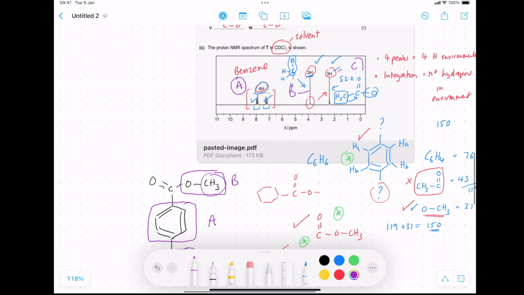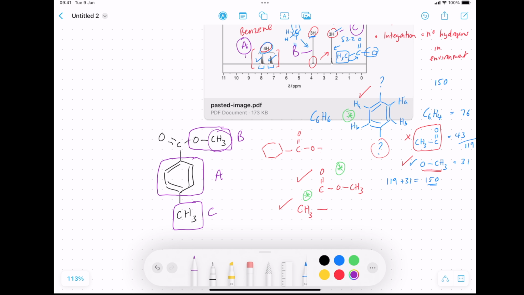which means that one there is C. Now remember, A is actually composed of two peaks within the 7 to 8 part because there are two environments. So A is made up of those hydrogens there, which I said was A, and I said B and B. But what I've done is I've just grouped those two individual environments as just one benzene environment.